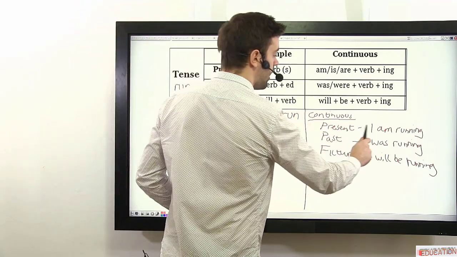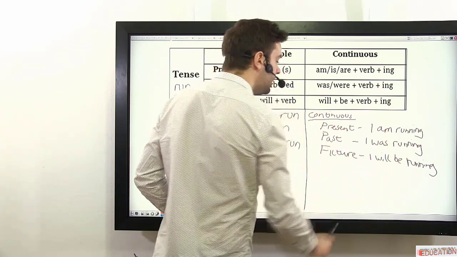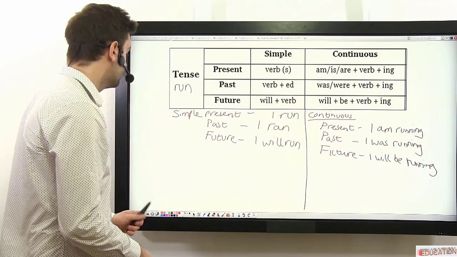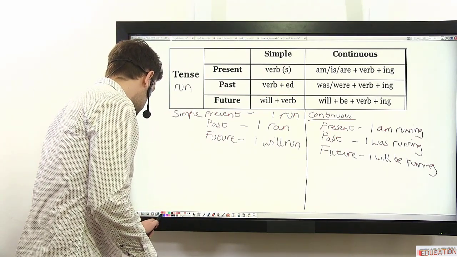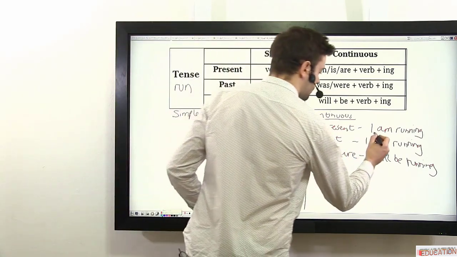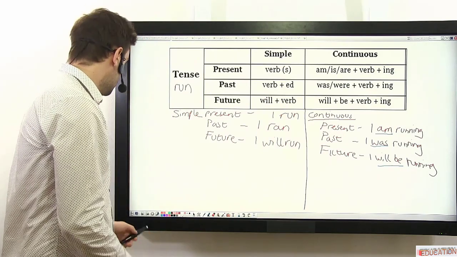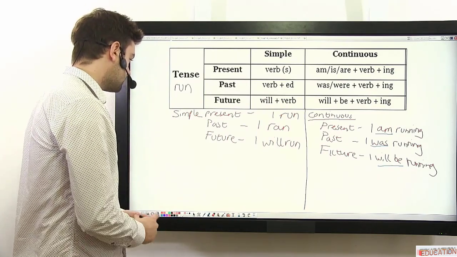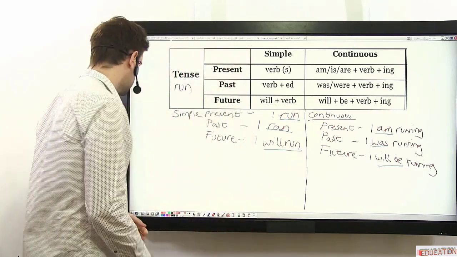Continuous, present, I am running. Past, I was running. Future, I will be running. Am, was, will be. Run, ran, will run.